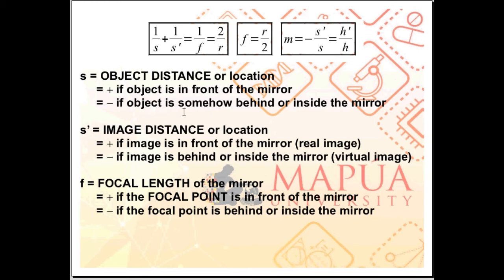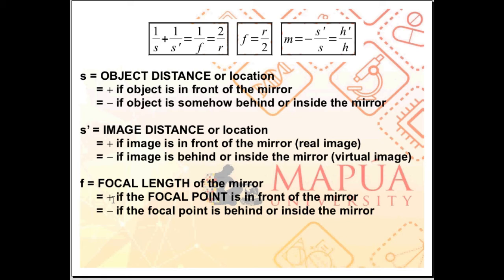If the image is in front of the mirror, therefore the image is formed by actual reflected light. So if S' is positive, you have a real image. On the other hand, if S' is negative, the image is behind or inside the mirror, and you have a virtual image. F is referred to as the focal length of the mirror. It's a property of the mirror. Each mirror has a corresponding value of the focal length.